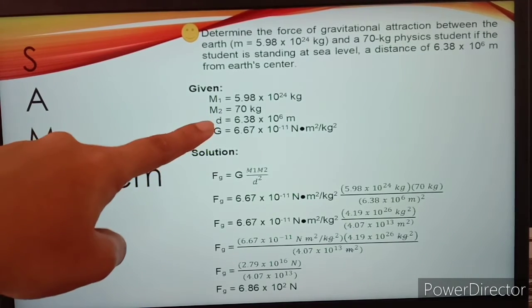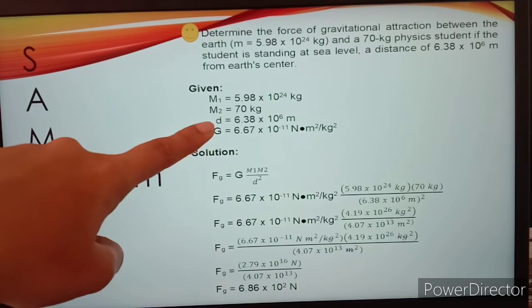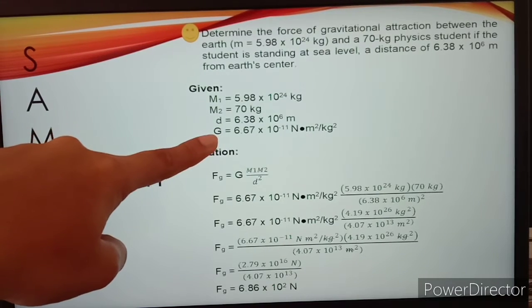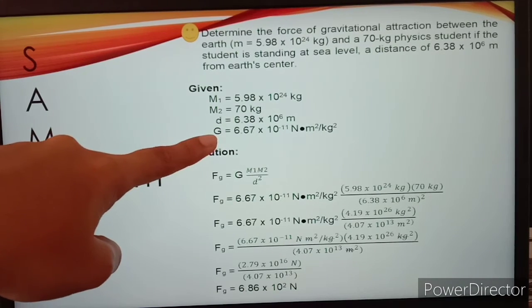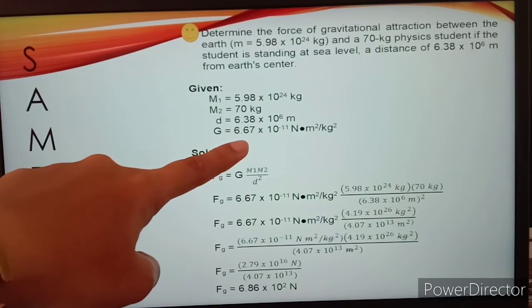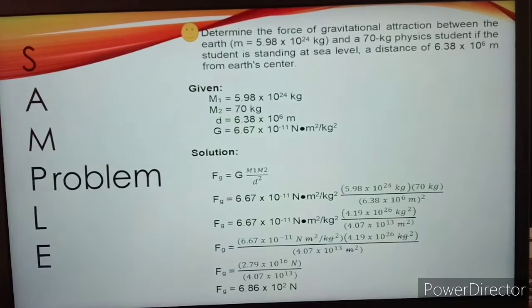Also, the distance is given, 6.38 times 10 raised to 6 meters, and the universal gravitational constant is also given: 6.67 times 10 raised to negative 11 Newton meter squared over kilogram squared.